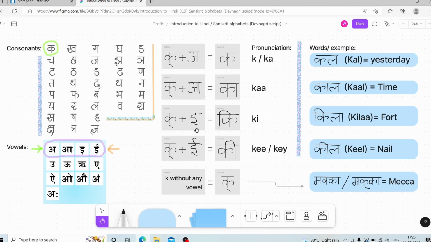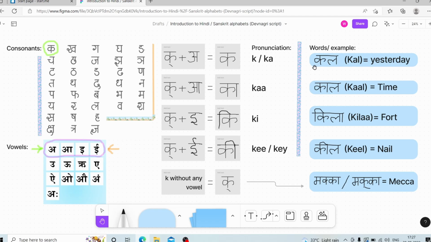K plus E equals Ki. K plus badi E, meaning big E, equals Ki. And without the vowel, it will be pronounced K.